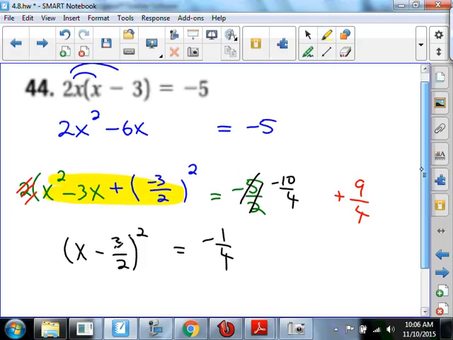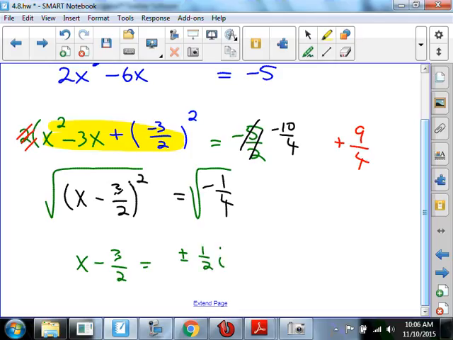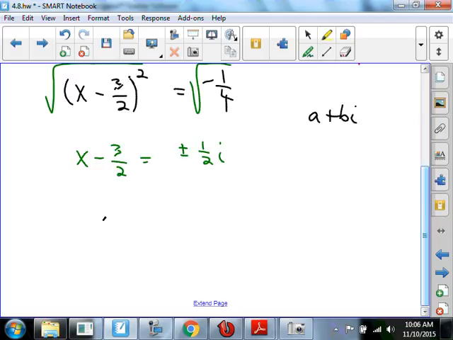And remember why we used completing the square, so that we can take square roots. So we're going to get x minus 3 halves equals plus or minus 1/2 i. And keeping in mind the form for a complex number, the way I'm going to write my answer is this. I'm going to write x equals 3 halves plus or minus 1/2 i.